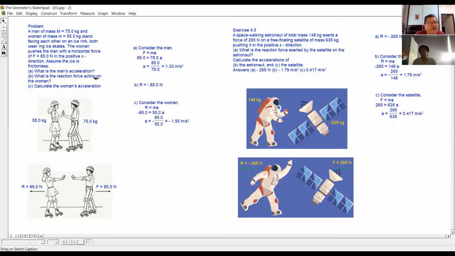What is the reaction force acting on the woman? Because the woman exerts 85 Newton on the man, she will receive a reaction of 85 Newtons, but in the opposite direction. So can you use the equation F equals ma to find out the acceleration of the woman?